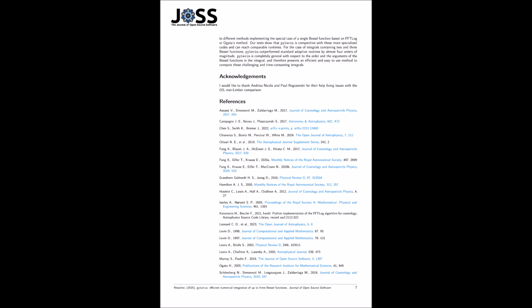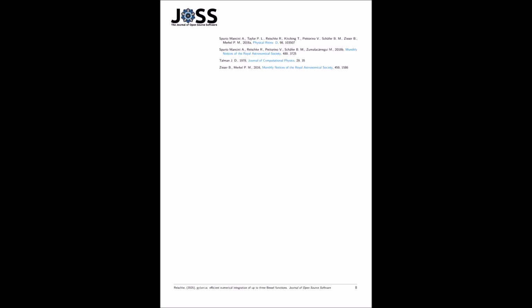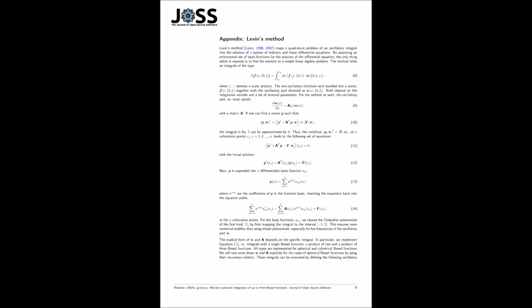PyCCL relies on an assumption about the math of the function that you're integrating, and this assumption might not always be true, especially if you're dealing with more complex models or modified gravity, where things get weird. So PyCCL is like a specialized race car: super fast, but only on that specific track.